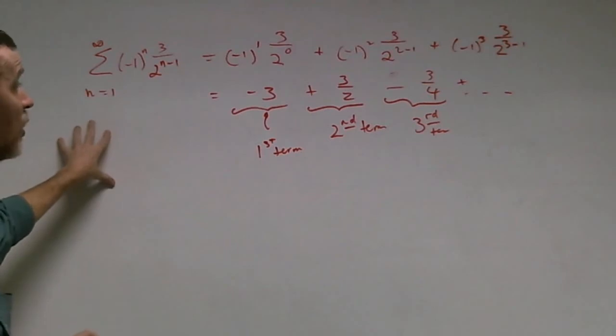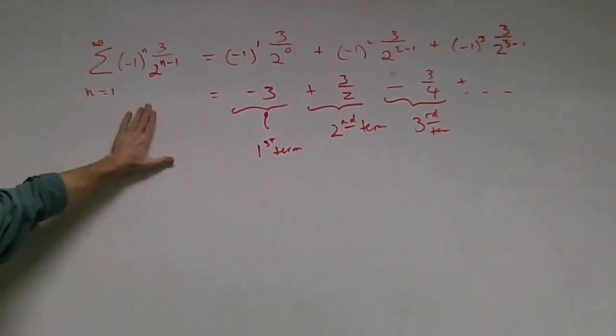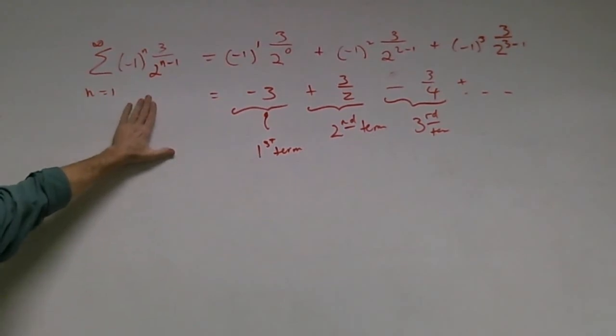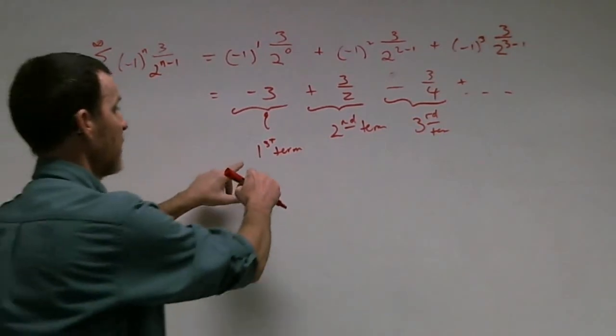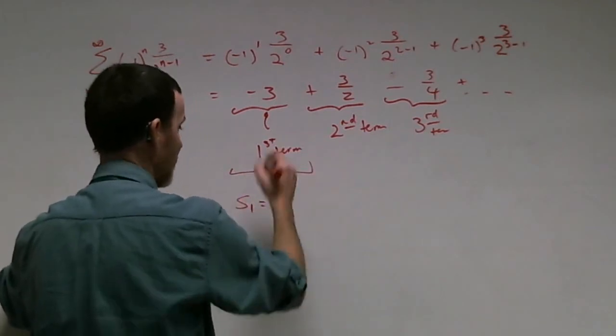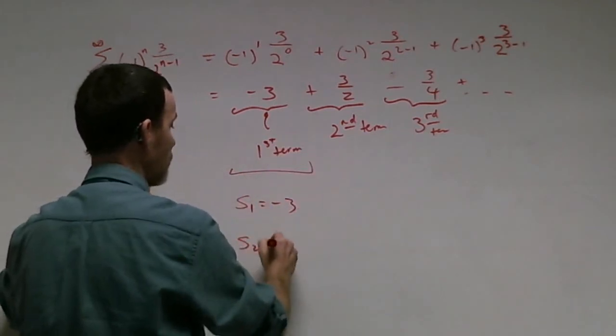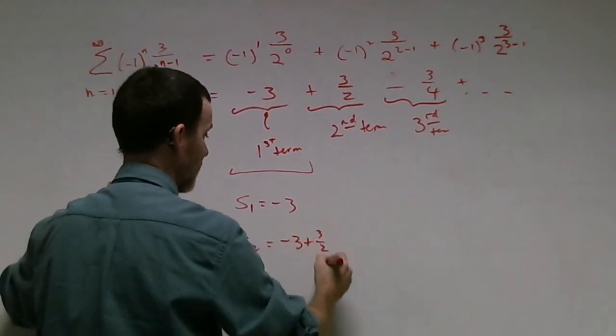Now, the partial sums is what we do next. The partial sums are, how do you figure out what something really adds up to? Well, you add up the first one. S1 is just the first one. S2 is the sum of the first 2. So now I get -3 plus 1.5.